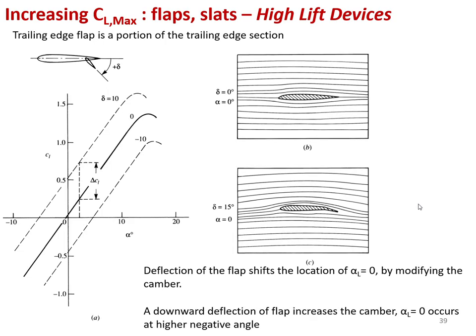Okay. But how can we prevent that? How can we prevent or delay the stall condition essentially, or maximize the lift coefficient even further than the theoretical limit? We have to use high lift devices, flaps or slats.